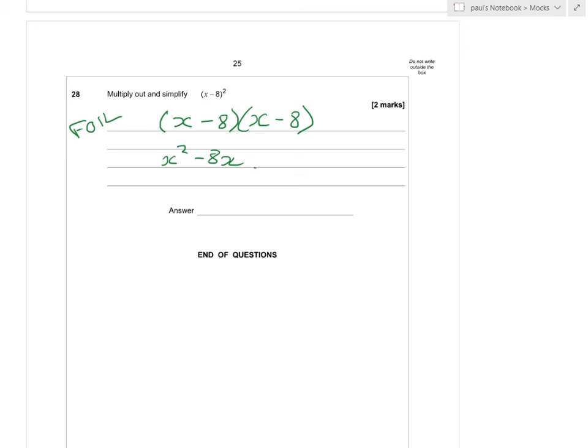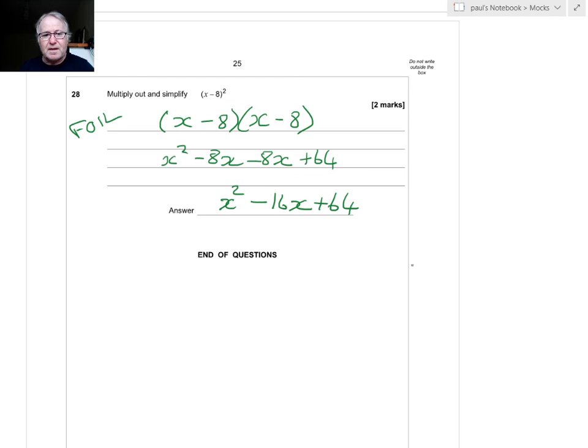Minus 8 times x is minus 8x. Minus 8 times minus 8 is plus 64. Now there's a simplified bit. Minus 8 and minus 8 is minus 16x plus 64 and x squared. Hooray, hurrah.